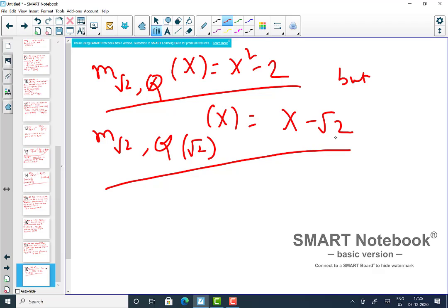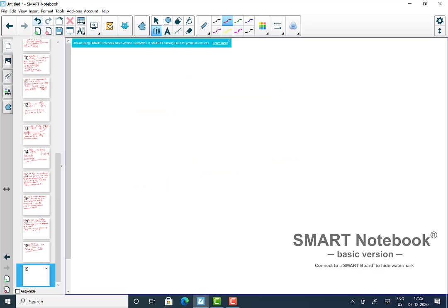Now the question is: how do you know that if you have an algebraic element, then the minimal polynomial exists? This is a very important question, and we are going to prove it. So, theorem.